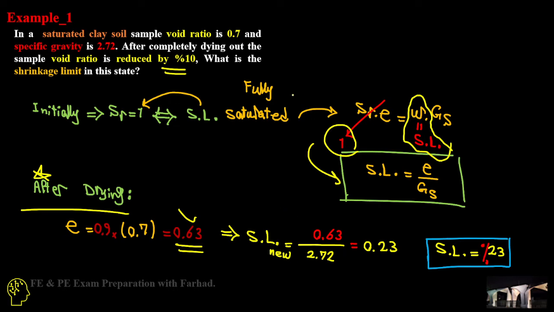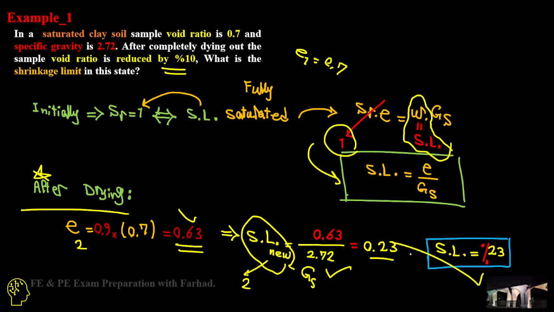If e1 was 0.7, this is e2, which is 0.63. So the shrinkage limit in scenario 2, the new one, is 0.63 over Gs, which remains the same specific gravity. If you calculate that, it's 0.23, that's the shrinkage limit. That gives us a shrinkage limit of 0.23, or 23%.